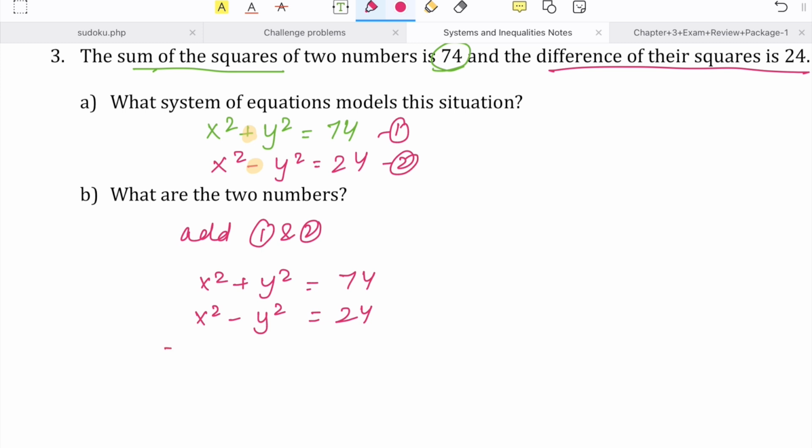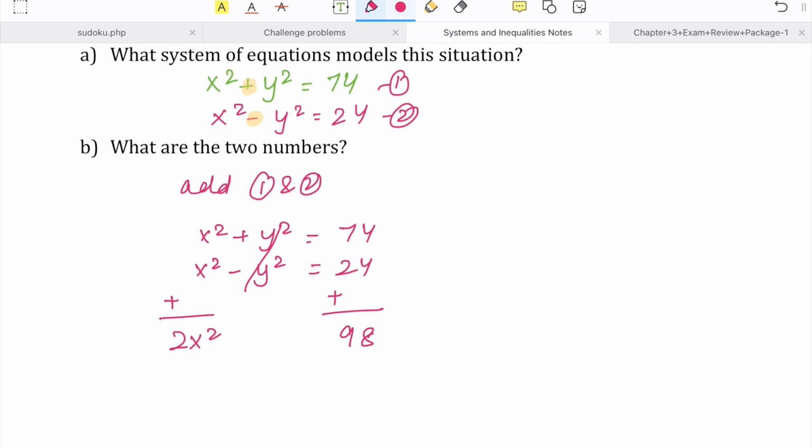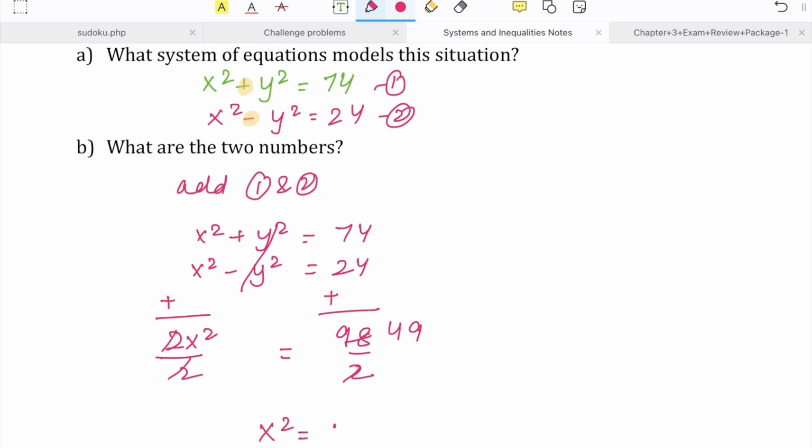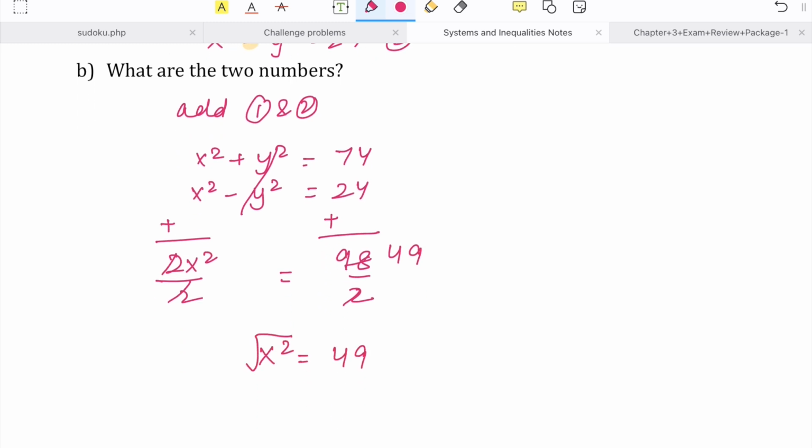Add them. We get 2x squared equals 74 plus 24, which is 98. Divide both sides by 2 because we want to isolate our x. So x squared is equal to 49. Square root both sides. You get x is equal to 7.